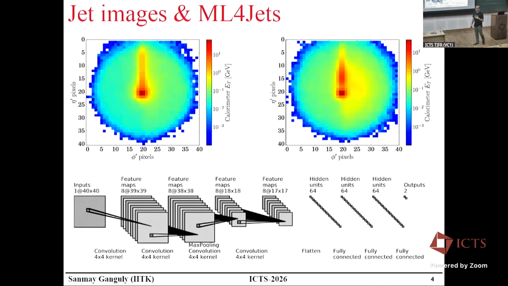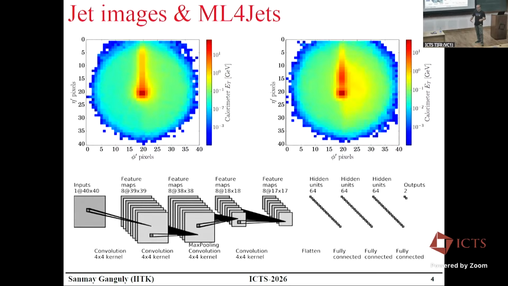First, when machine learning in 2014-15 was done on jet images, what was the idea? If you have a one-pronged jet coming from gluon fragmentation or light parton fragmentation, and take an average of the jet image: the jets deposit energy in calorimeters. You center a jet around its hardest particle and then plot it in the eta-phi plane.